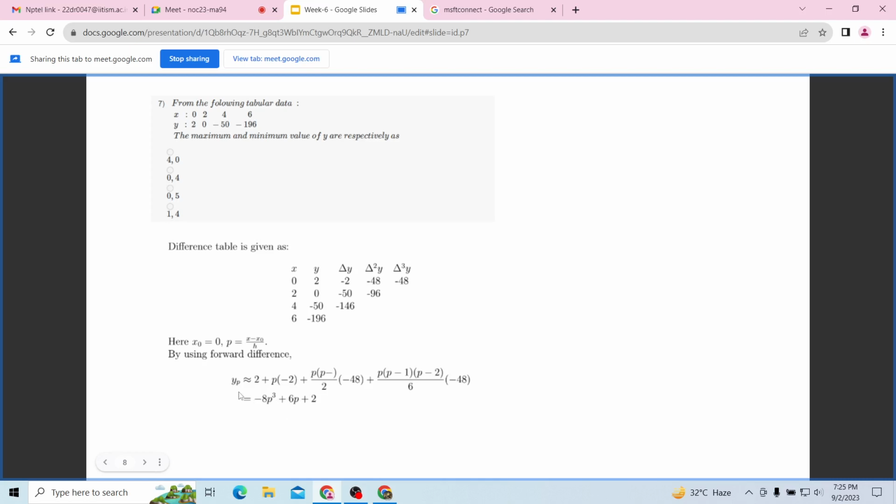Once you have got p equals plus or minus 0.5, just substitute here. yp equals minus 8p cube plus 6p plus 2. So when you put p equals 0.5, see what you are getting. And when you substitute minus 0.5, see what you are getting, the value of y.